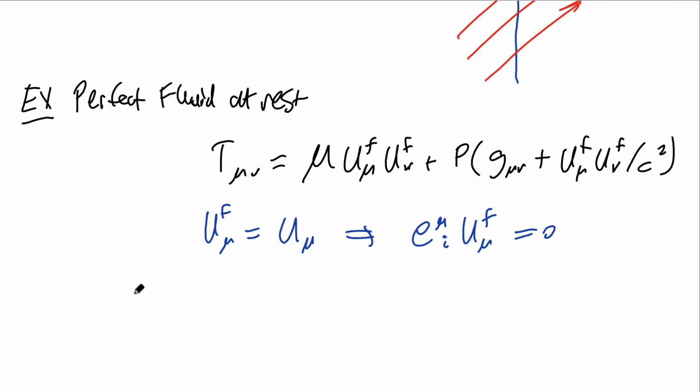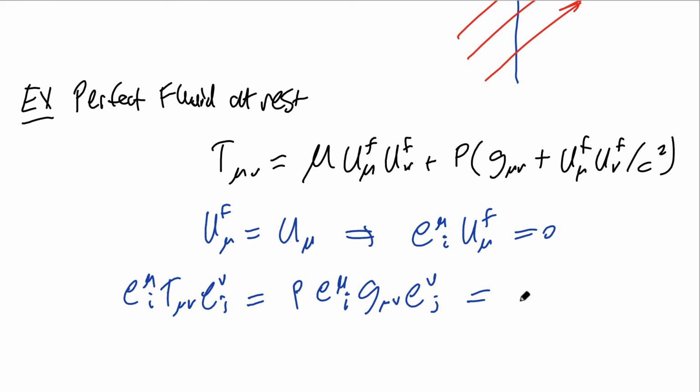So now let's compute e_mu^i T^{mu nu} e_nu^j. All of these terms involving U^mu and U^nu vanish by this result, and we're just left with P times e_mu^i g^{mu nu} e_nu^j. That, of course, is just the Kronecker delta delta^{ij}. So in this case, these components of the stress energy momentum tensor are diagonal, with diagonal values equal to the pressure. So this is just a type of stress. There's no exchange of momentum across any surface because the fluid is at rest.